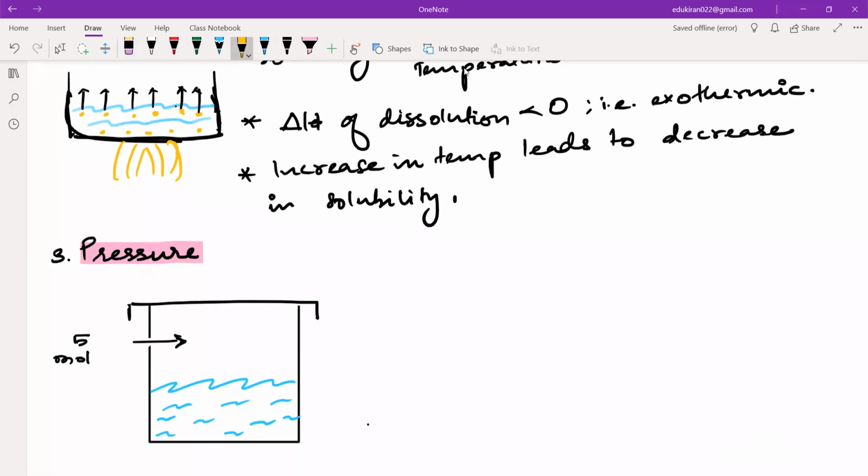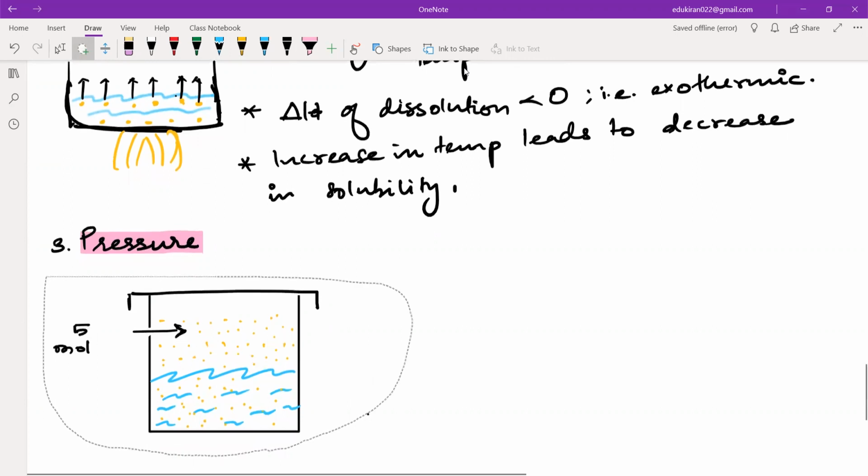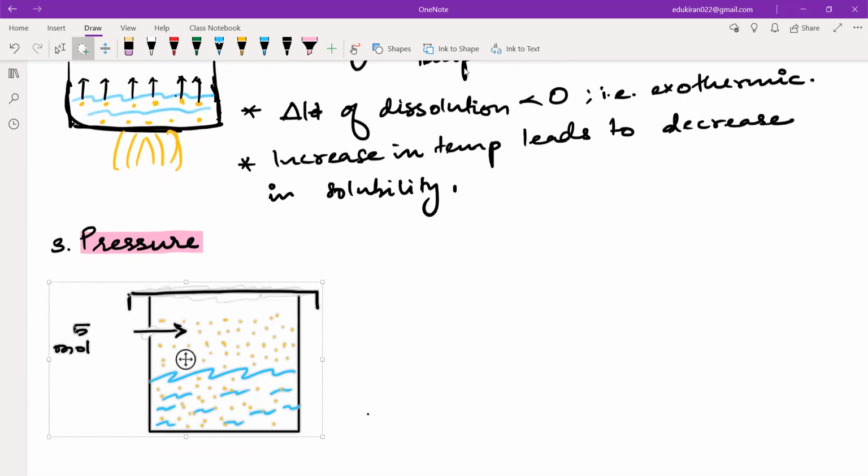Obviously some gas particles will be here also, and some of it will be inside the solution. So there is a similar case here also.